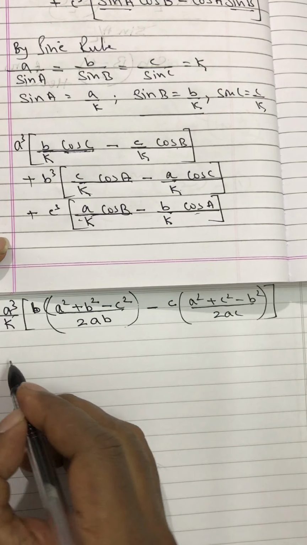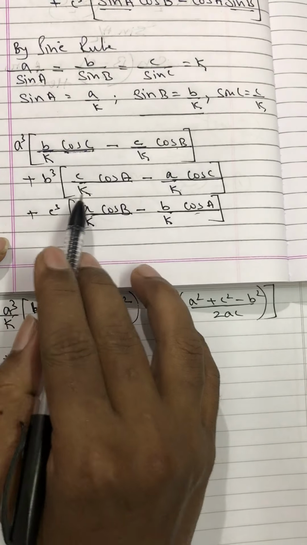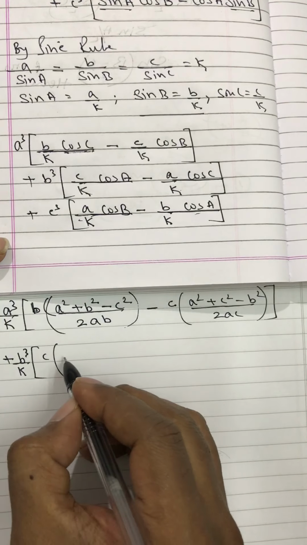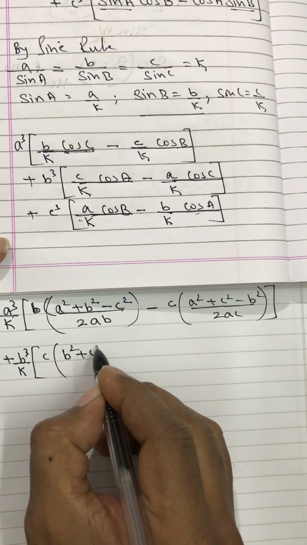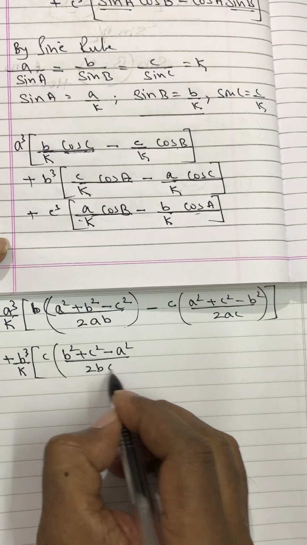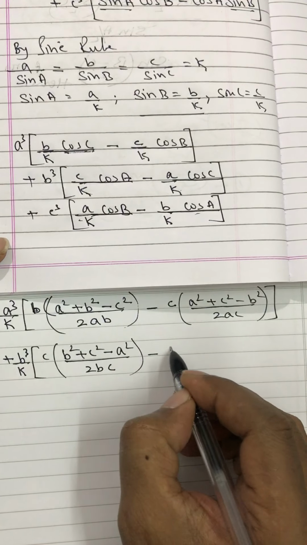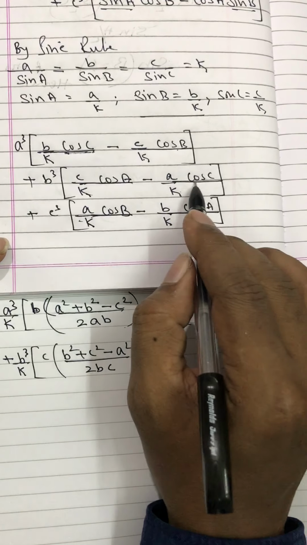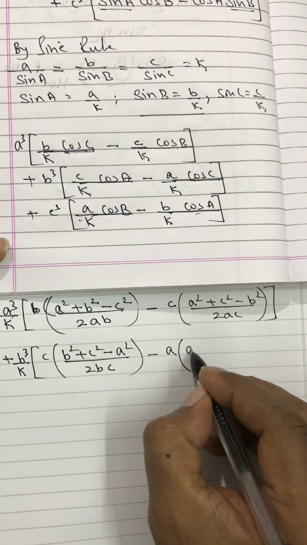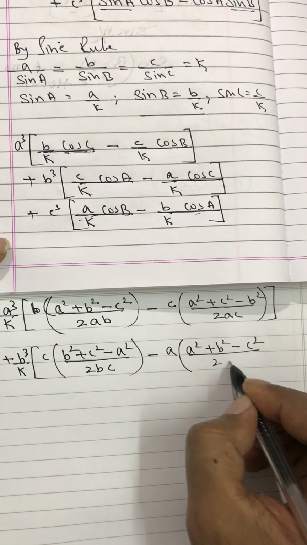This is one bracket over. Plus B cube upon K, C is there, cos A will be B square plus C square minus A square upon 2BC, minus A, then cos C will become A square plus B square minus C square upon 2AB.